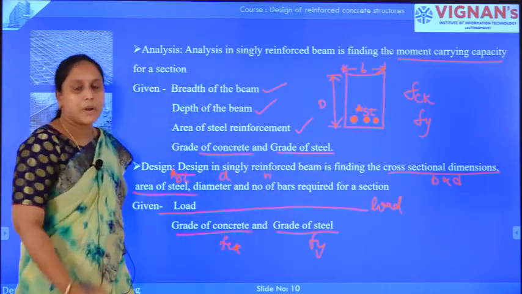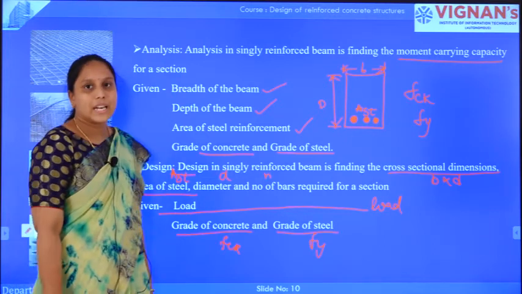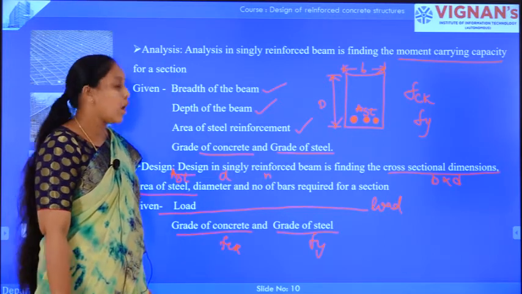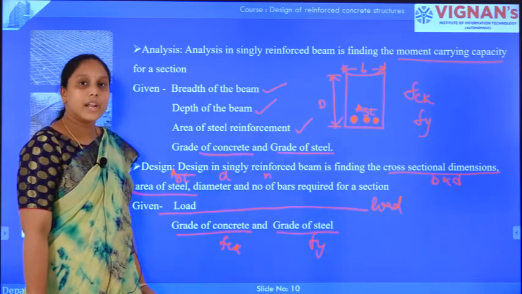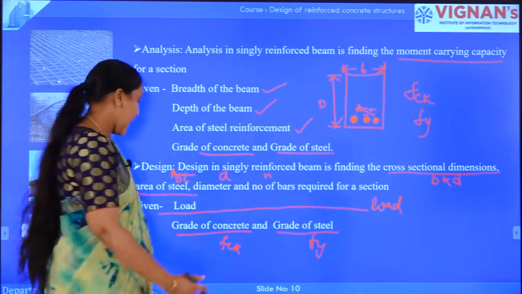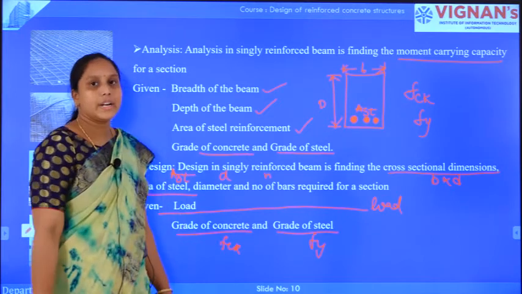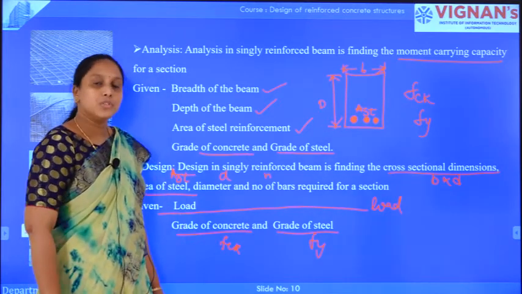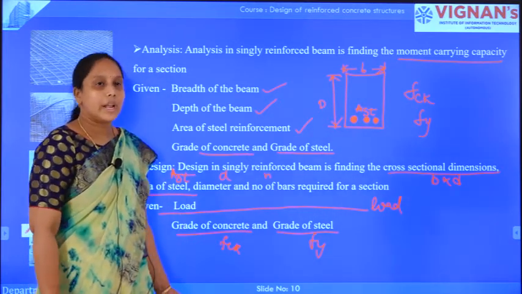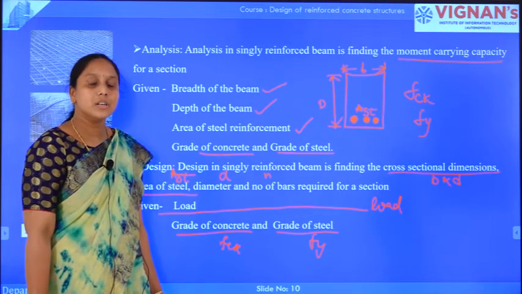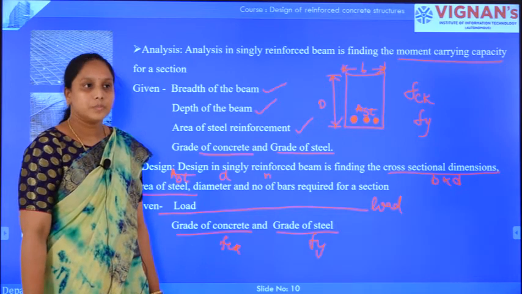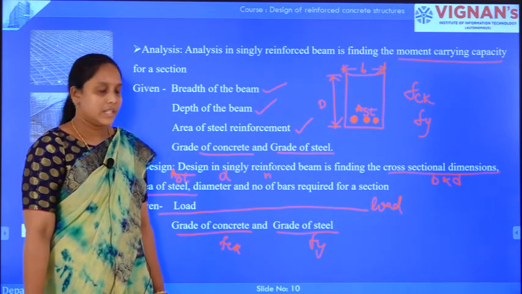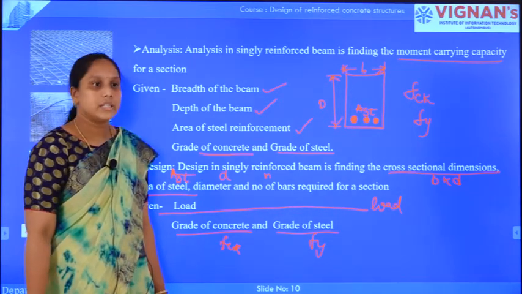All these parameters have to be calculated while designing for a given load and given grade of concrete and grade of steel. This is applicable to doubly reinforced beams as well as flanged beams, which you are going to learn in the next sessions.